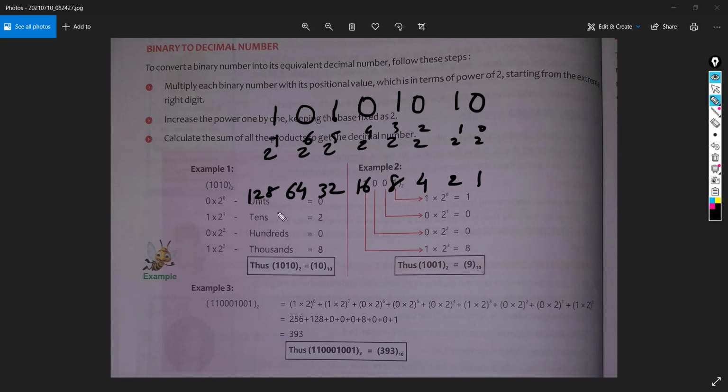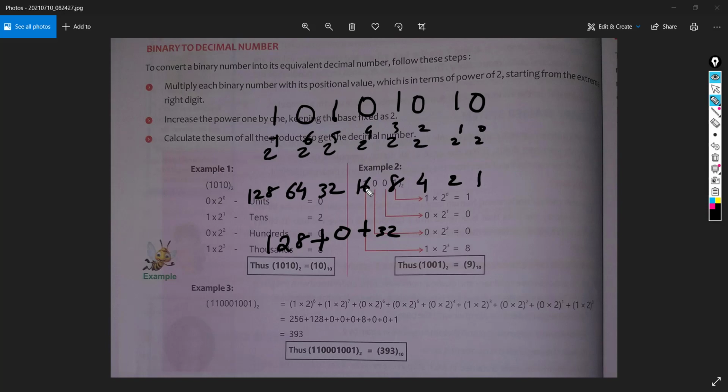So how many values will we add? Simply, where there is 0 we write 0 in that place, and where there is 1 we write its corresponding positional value. Here it is 1, so we write 128 plus, here it is 0, so instead of 64 we write 0. Here it is 1, so 32.